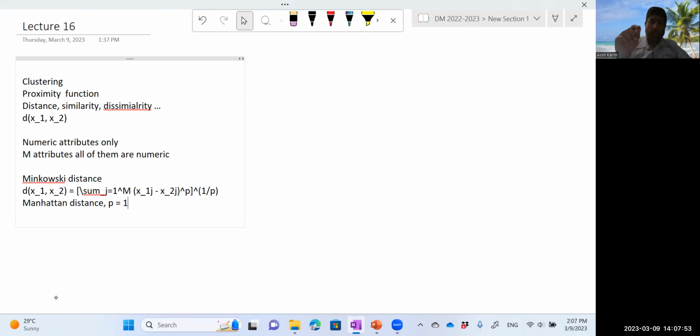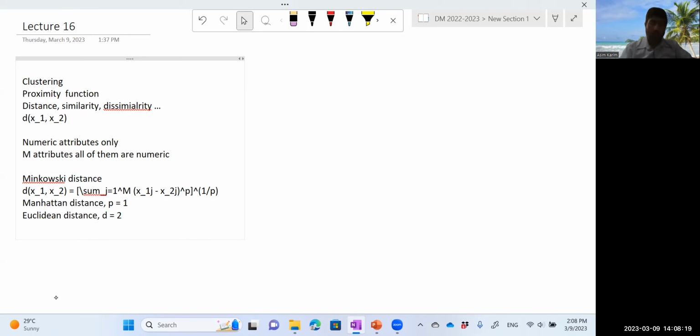So we raise it to power 1 and we take the root to power 1, which is actually we don't take any root. Okay, so this is the Manhattan distance. And then we have the Euclidean distance. Here p is equal to 2. So this is the straight line distance.